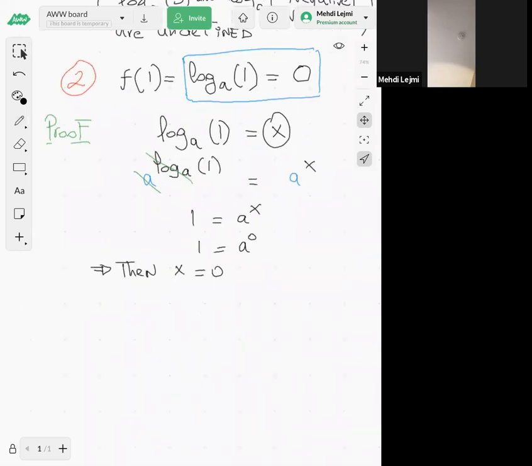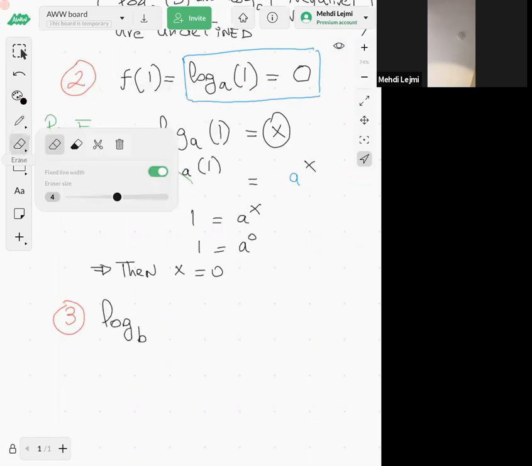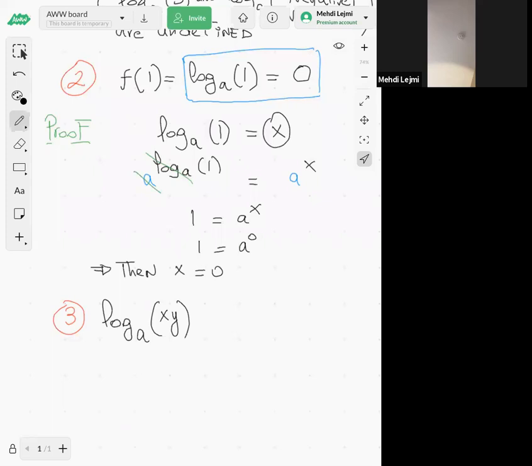The next property is when you have a product. If you have log in base a of x times y, then because the log is the inverse of the exponential, we can deduce that the log of x times y is equal to log in base a of x plus log in base a of y.